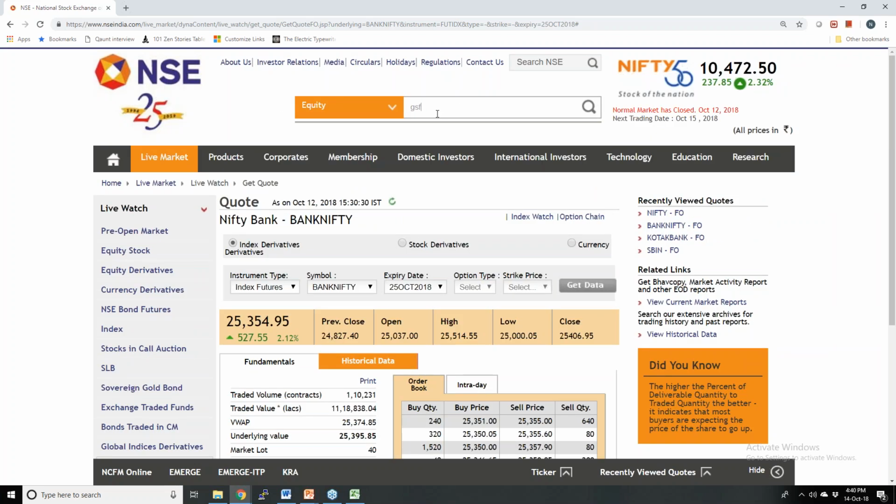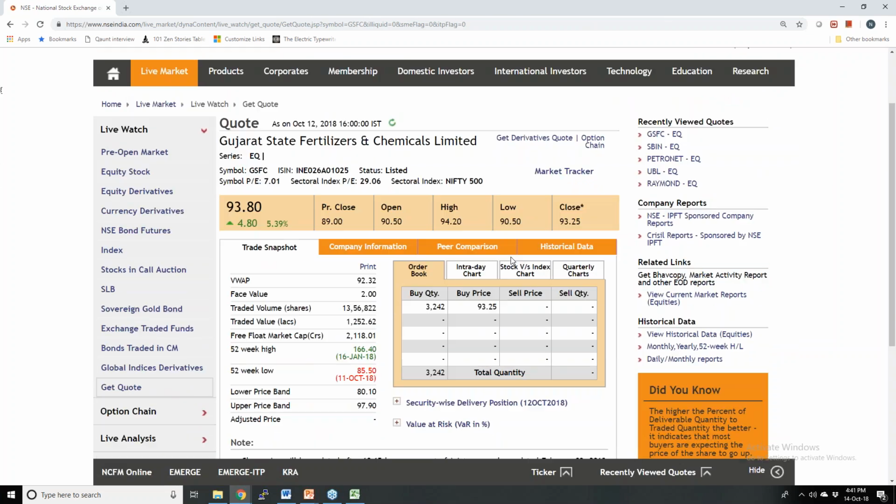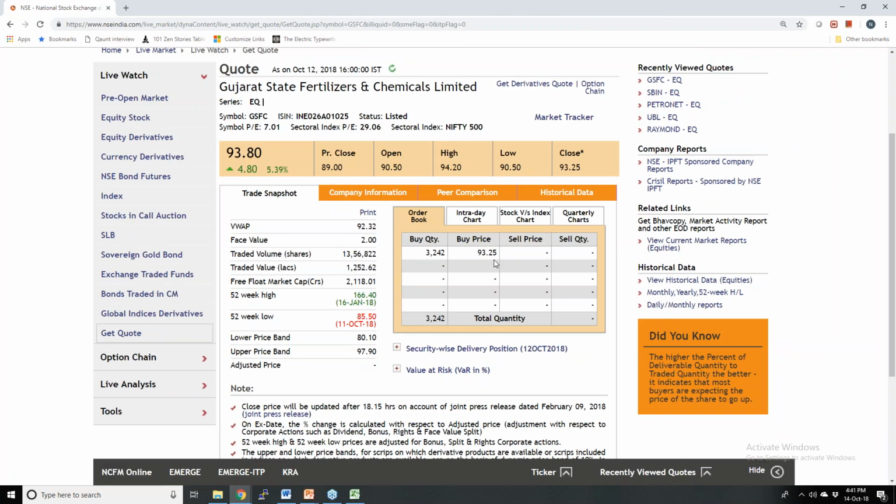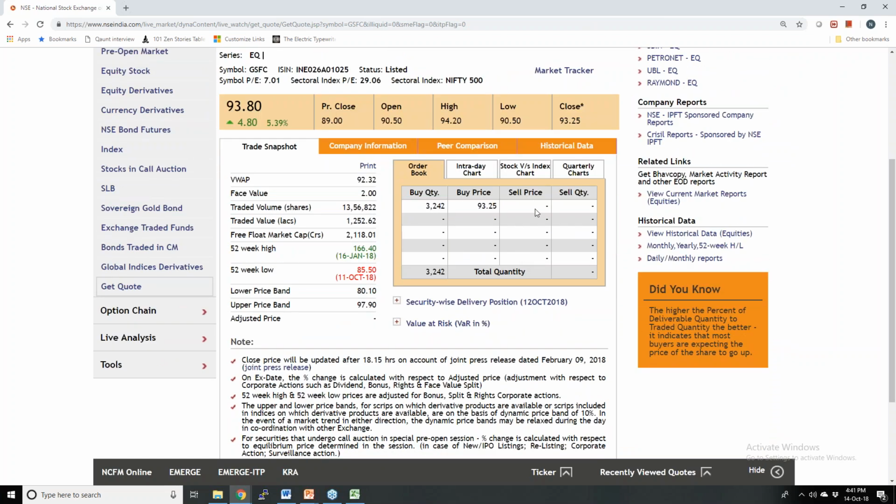Now let me take a stock like GSFC, Gujarat State. For now, the order book of this is pretty much empty. There are no sellers. There's just one buyer towards the end of the day who wants to buy at 93.25, but there are no sellers.